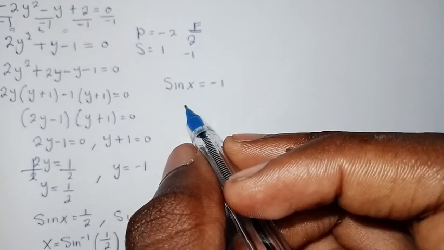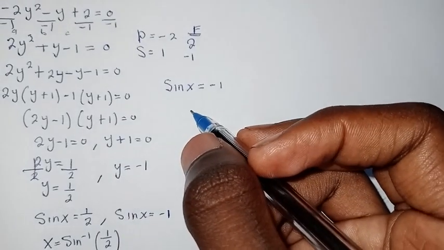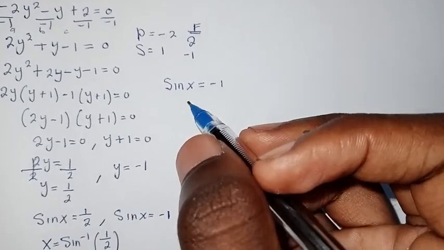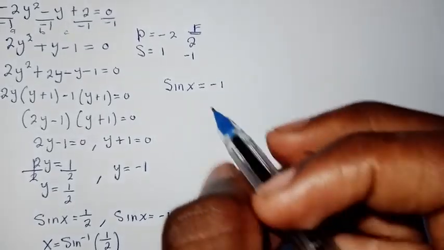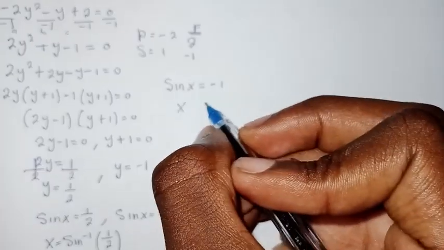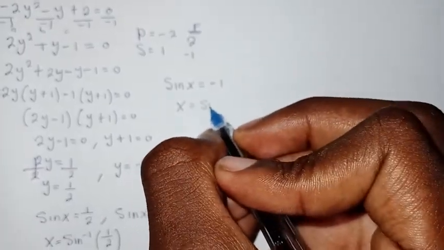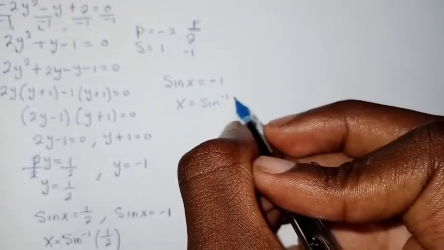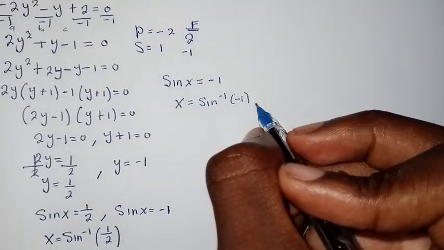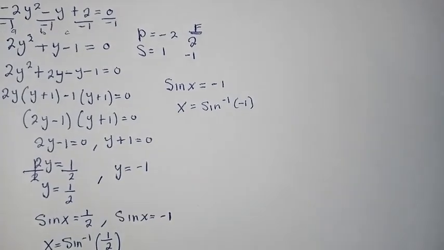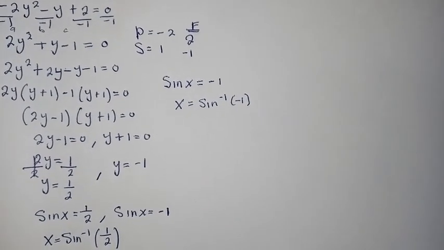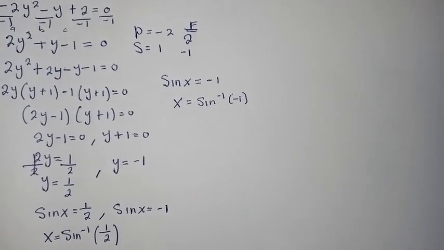Of course, for this one, what we're going to do is this. We know that this is just the same as x equal to sine inverse of -1. Please, this negative doesn't mean that the number is negative. It simply means that it's in a negative quadrant.